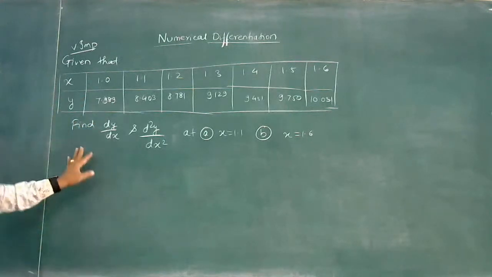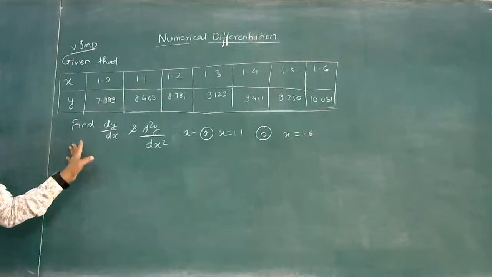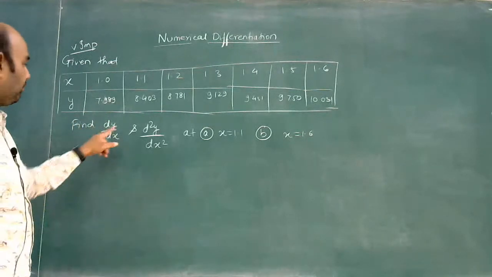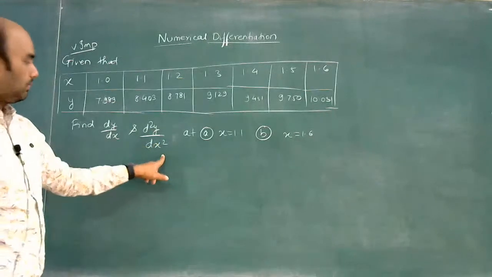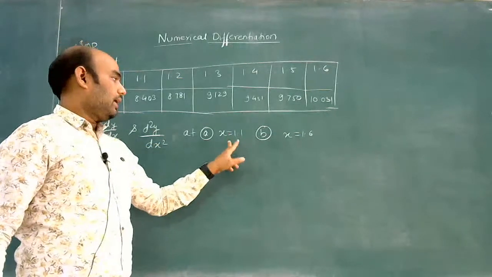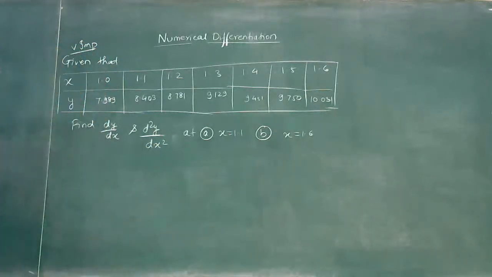Now tell me which formula we will use here to find the value of dy by dx and d square y by dx square at x is equal to 1.1. Which formula will you use to find this? Anyone?